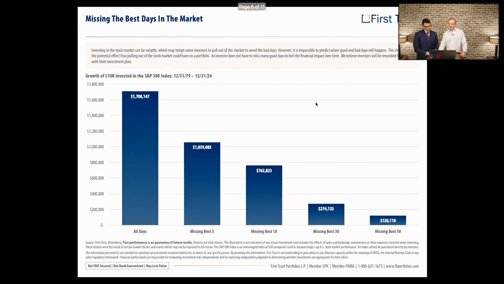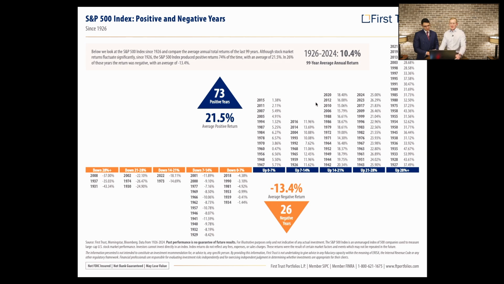Last thing I wanted to hit on, there's a lot going on in this chart. There's a lot of these slides, but you just got to remember that out of the last 99 years, it looks like 73 of those years are positive, 26 are negative.